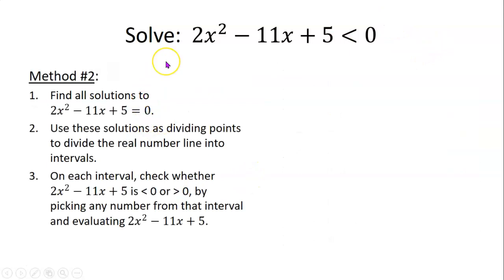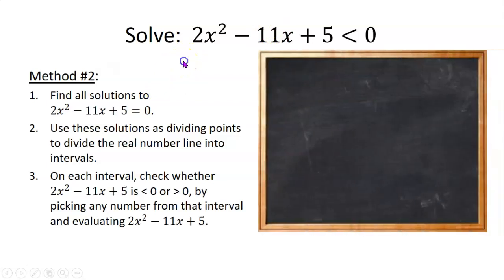Method 2. Here's how you could do it without looking at any graph or doing anything visual. Find all solutions to the equation 2x squared minus 11x plus 5 equals 0. That's the first step. So take 2x squared minus 11x plus 5 equal to 0 and solve that.